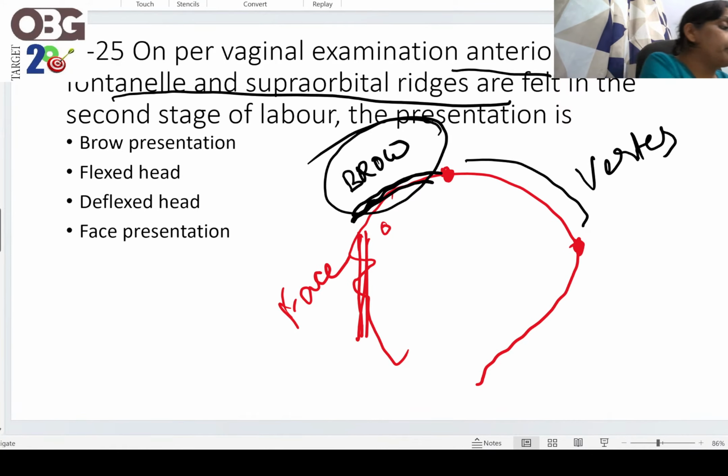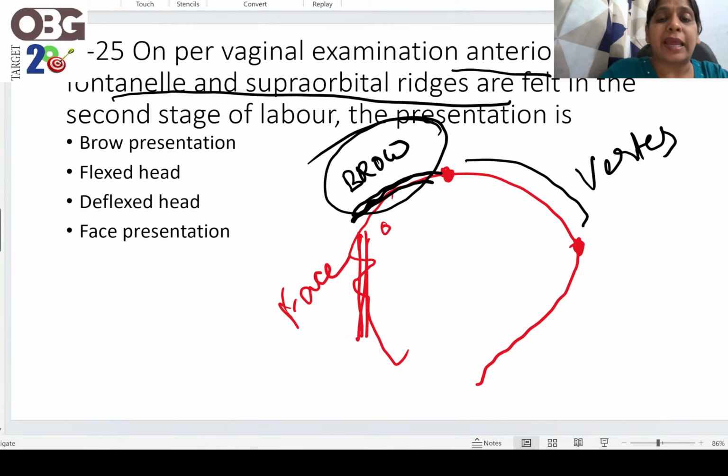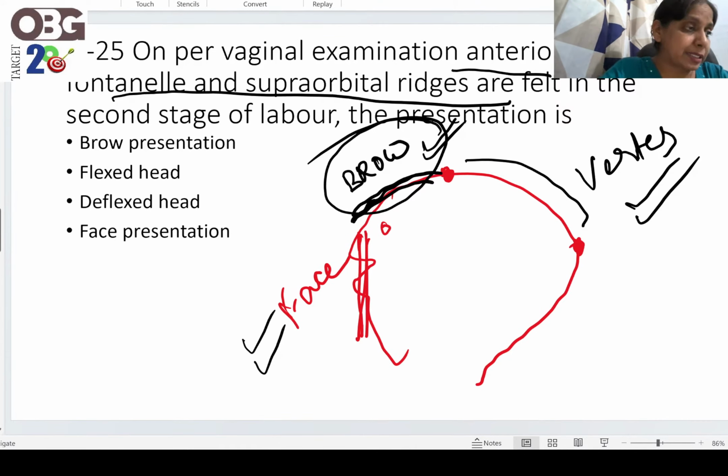So now, when three parts can be there, we have to define the engagement. Engagement is when the biparietal diameter, the transverse diameter, passes through. We are not talking about the anterior-posterior diameter. The anterior-posterior diameter will be different in face, different in brow, different in vertex.